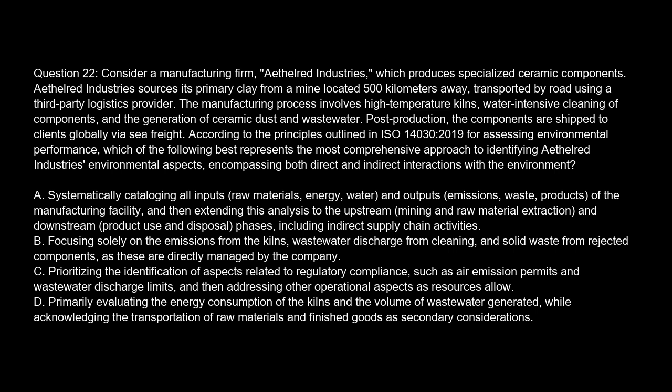Option C. Prioritizing the identification of aspects related to regulatory compliance, such as air emission permits and wastewater discharge limits, and then addressing other operational aspects as resources allow. Option D. Primarily evaluating the energy consumption of the kilns and the volume of wastewater generated, while acknowledging the transportation of raw materials and finished goods as secondary considerations.